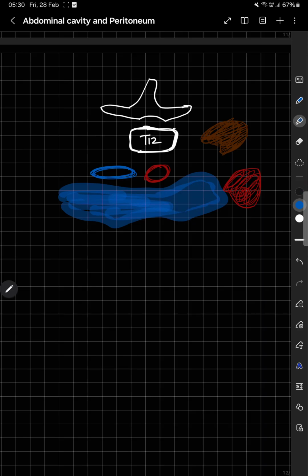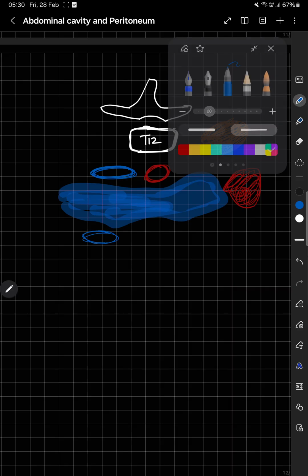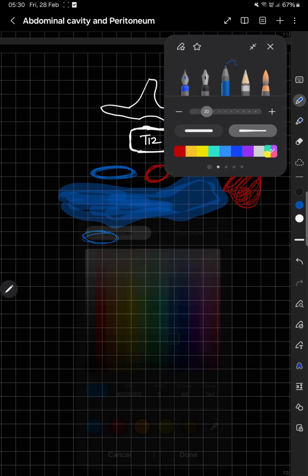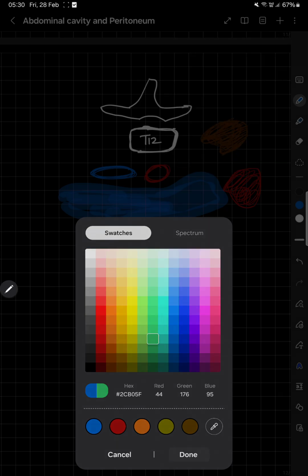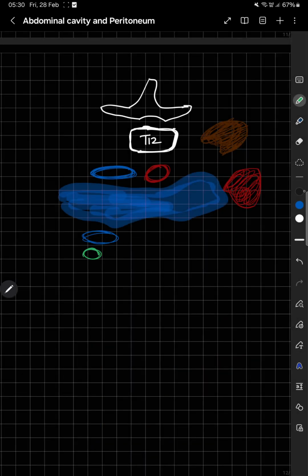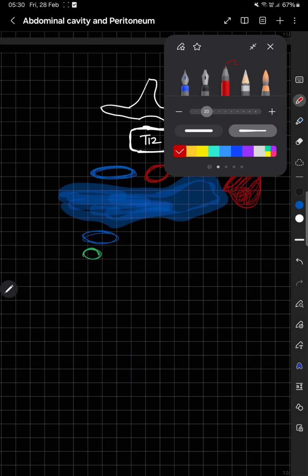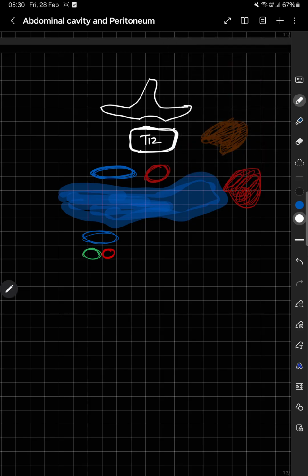Then we'll draw our porta hepatis. So beside the inferior vena cava, we have the portal vein, then the bile duct, and then the hepatic artery. We have this whole peritoneal layer that would come right now.